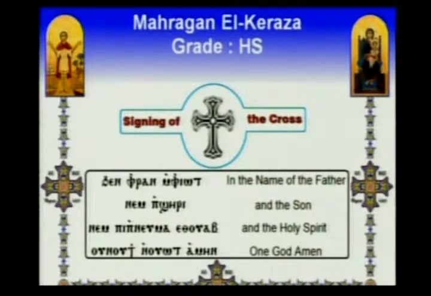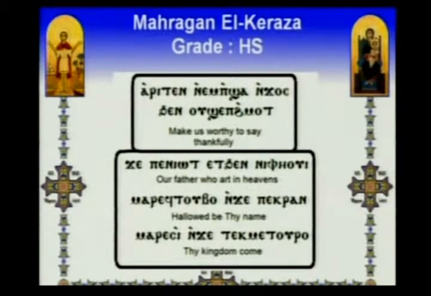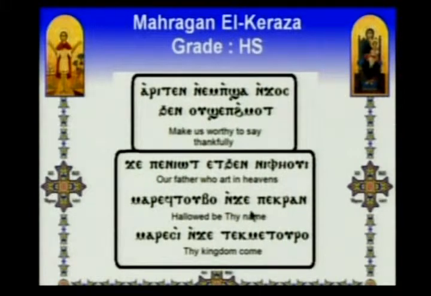And then when we start saying Jepiniot, before we start Jepiniot, we usually say, Aretain en emepsha in gos chen u shepehmot, which means let us make us worthy to say with thanksgiving the following, and then we start the Our Father who art in heaven. So let me go over it. Aretain en emepsha in gos chen u shepehmot.